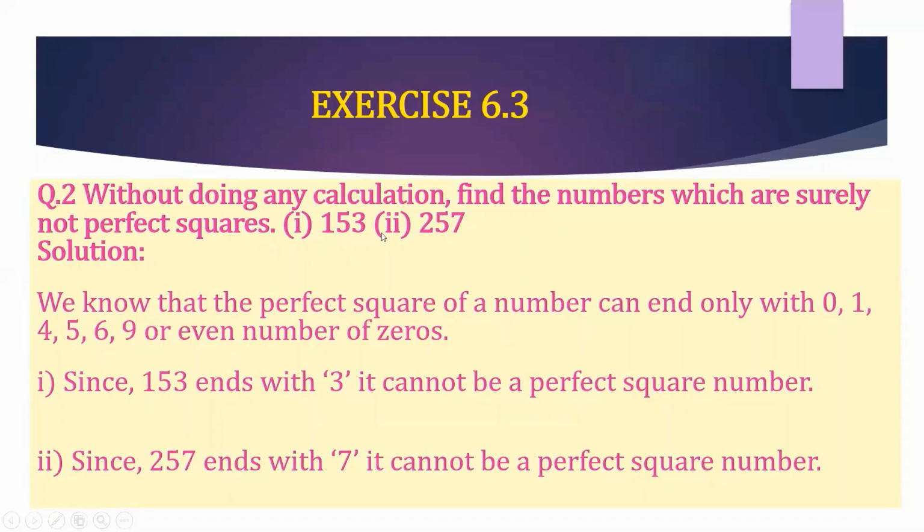Here, for the number 153, we will focus on the unit digit. 153 ends with 3. So it cannot be a perfect square, because we know that for a number to be a perfect square, it must end with 0, 1, 4, 5, 6, 9.